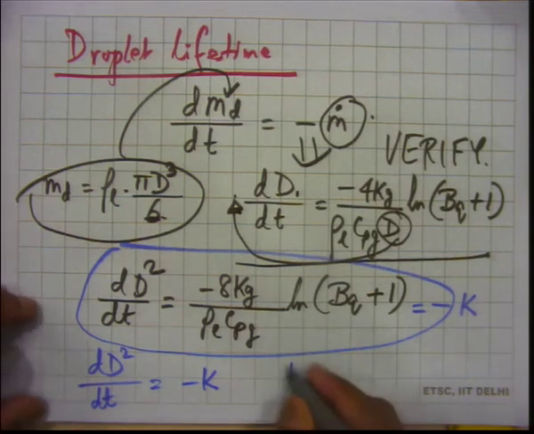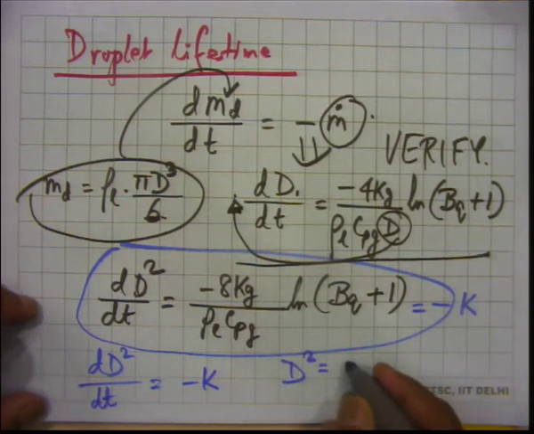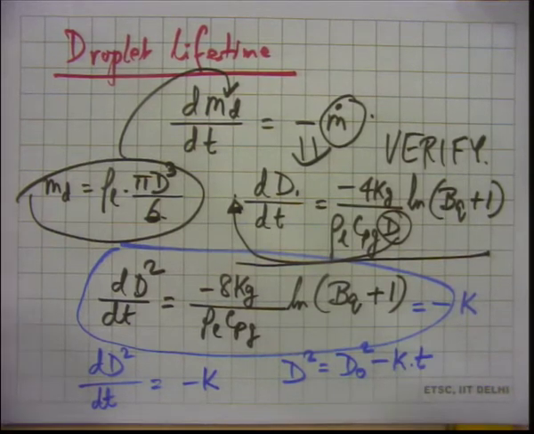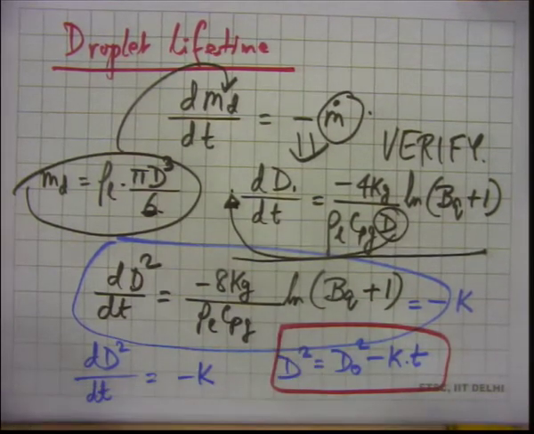So D squared is equal to D naught squared minus kt. Correct? So what is D naught? Initial droplet diameter.